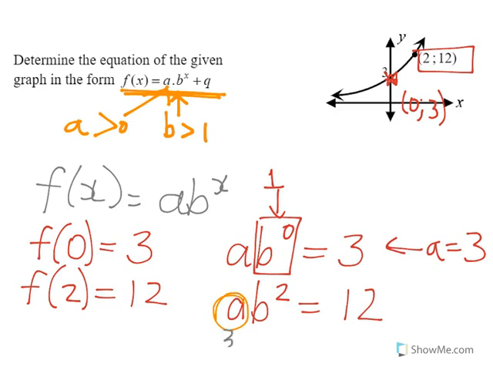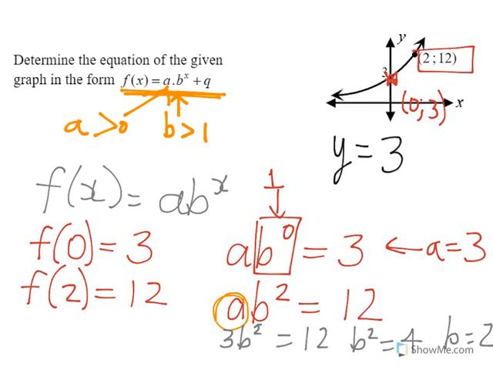So 3b squared is equal to 12, which means b squared must be 4. And so because we know that b is always positive, then we don't say b is positive or negative 2. We know that b must definitely be 2. And so your final answer would be that y is equal to 3 times 2 to the x.